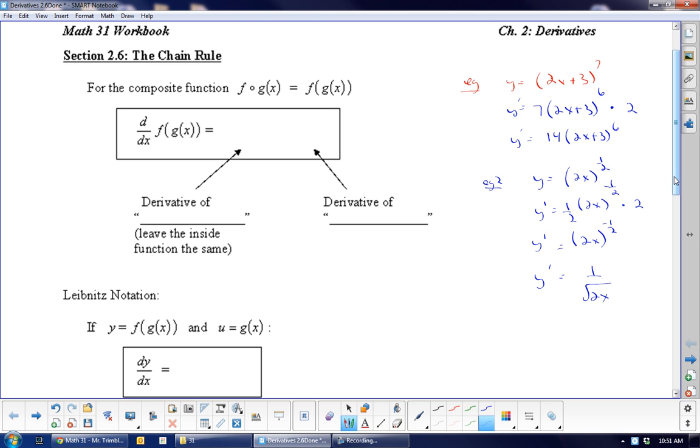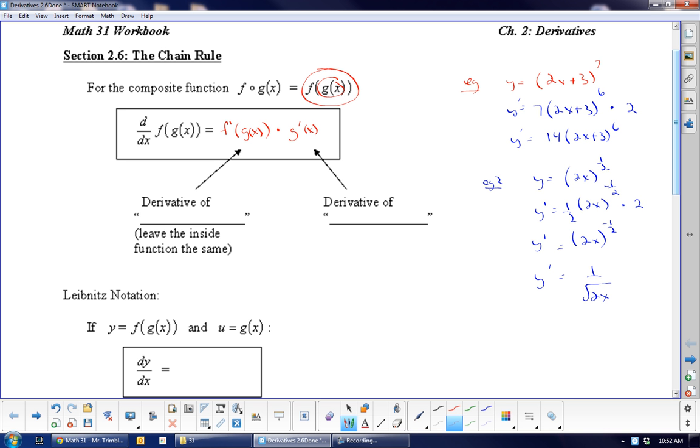So you can see that this is like a function inside of a function. Okay, that's what f of g of x is. And we've done those, right? You've done them in pre-calc. So that's like doing f prime of g of x. So do the outside and then multiply it by g prime of x.